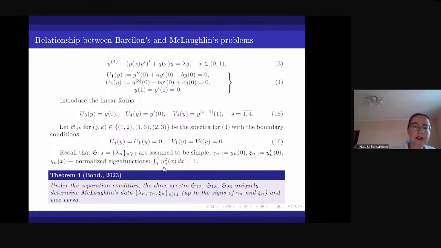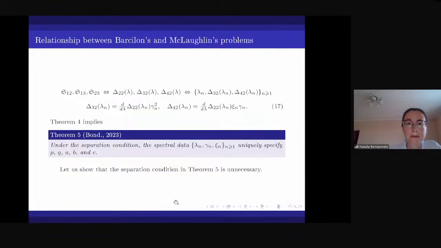If we take minus y_n, then it also will be an eigenfunction, but the norming constants change their sign. So here they are defined up to the sign. Of course, the sign can be fixed in some way. So up to the signs, they are uniquely defined by three spectra.